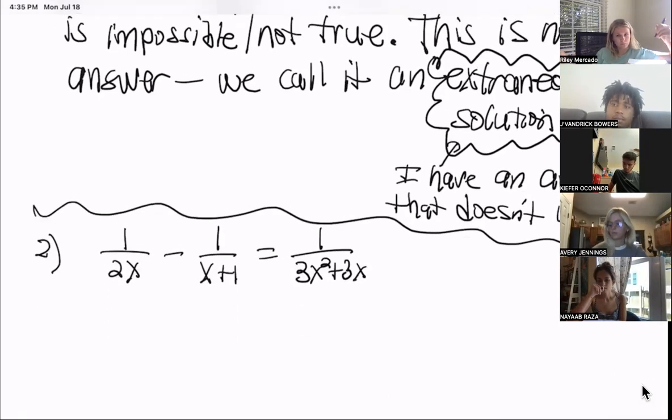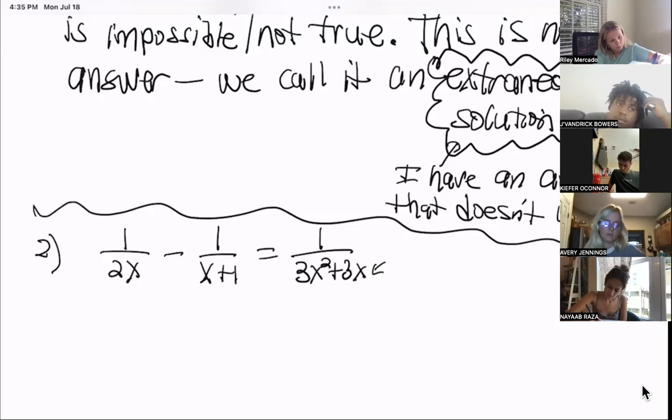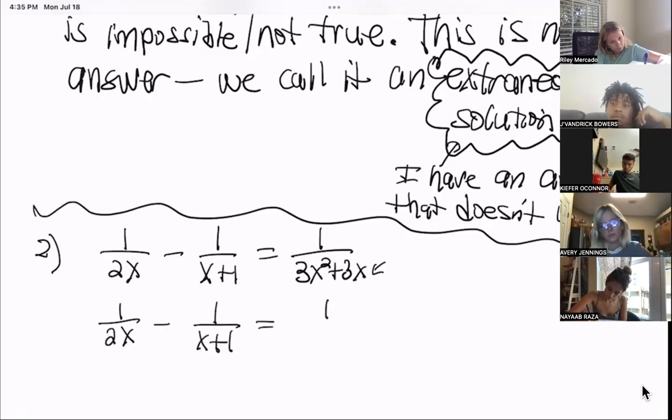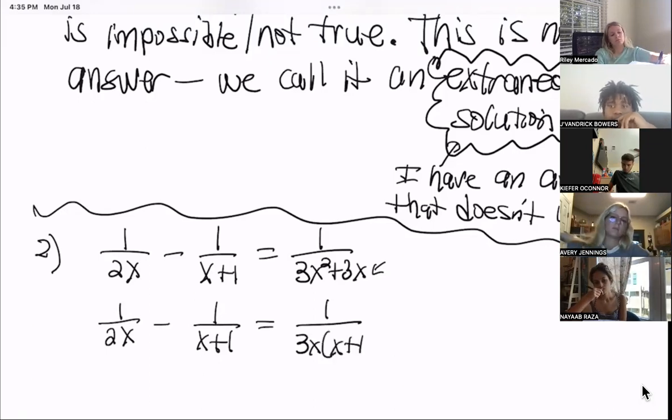Now, what we do have to do first, though, is to factor denominators if we can. Just like when we added and subtracted, we can factor this because we need to factor it to find a common denominator. So I'm going to rewrite it. Take the 3 out, take the x out.